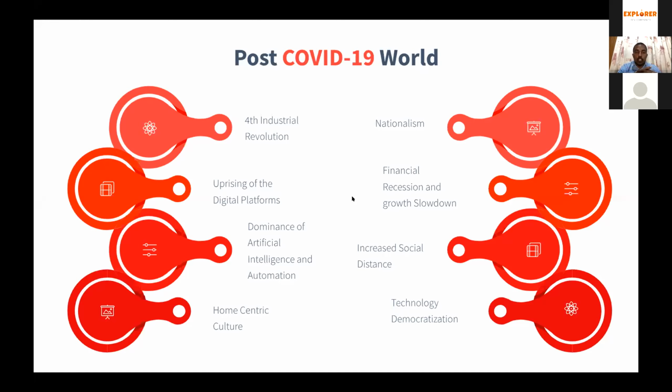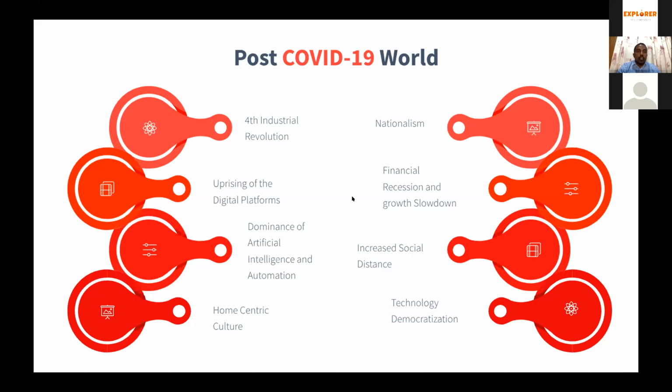Even though there are issues we are facing with it, in the post-COVID-19 world, companies will focus more and more on strengthening their digital platforms and creating platforms that can scale up to millions of users across the globe. I think that is an important point to look at in the post-COVID world.